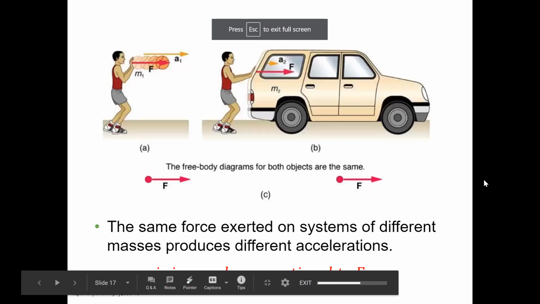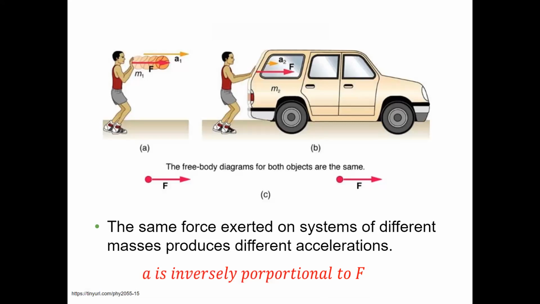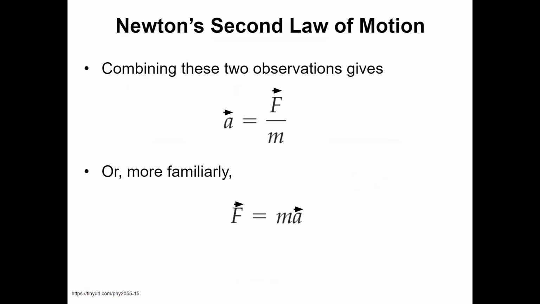So combine those two statements. Acceleration is proportional to the force you apply. It's inversely proportional to the mass. So then you can easily arrive at this conclusion: the acceleration should be proportional to the force and inversely proportional to the mass. So you can set this up: acceleration is equal to force divided by mass.